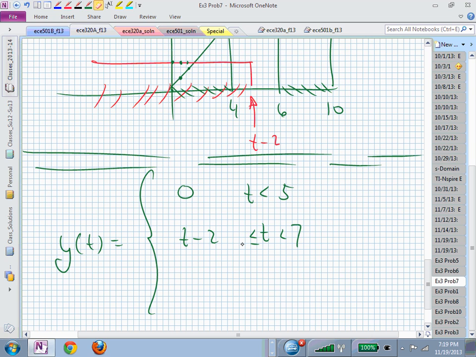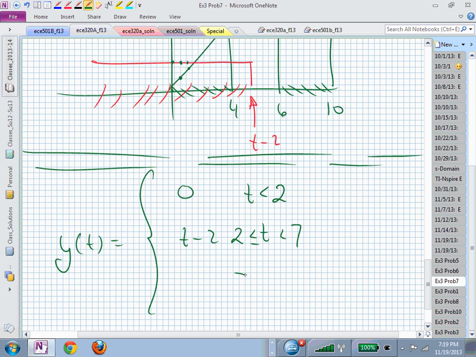So this needed to be what? 2, didn't it? To be 0. Whoa! So I should have changed the other thing. Is that okay? Then what would it have to be at the next interval?